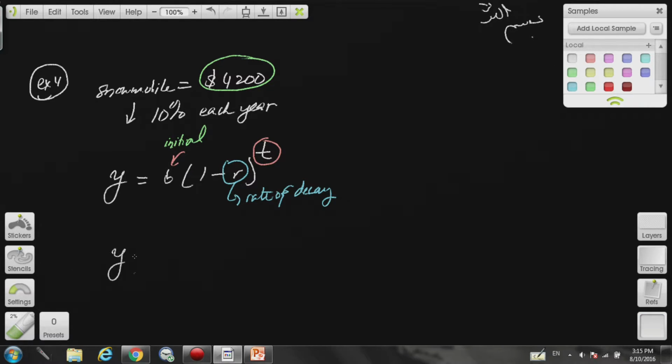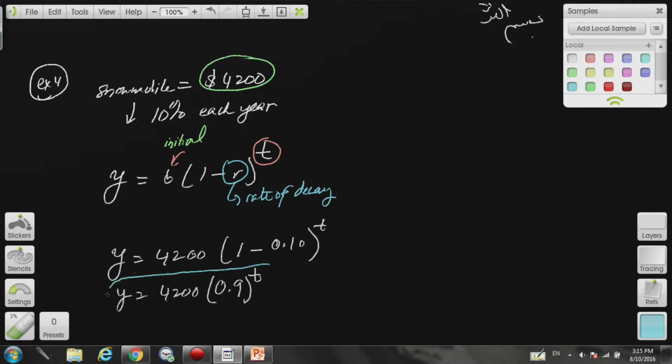So this is going to be, the initial value is 4,200 times 1 minus 10%, which is 0.10, to the t. And you can simplify this as y equals 4,200 times 0.9 to the t. So this is the equation for the value of the snowmobile as a function of time.